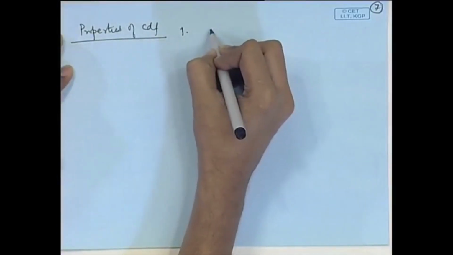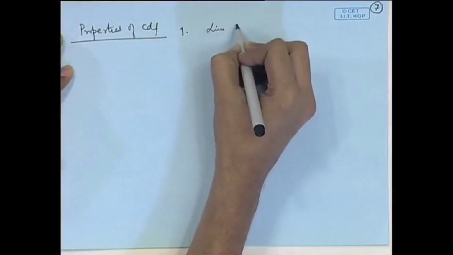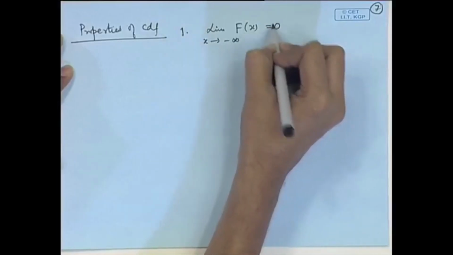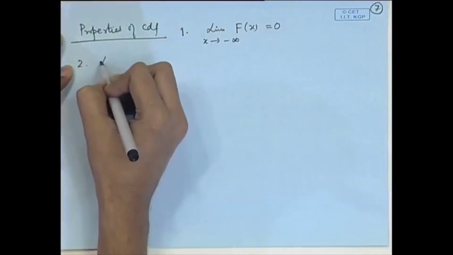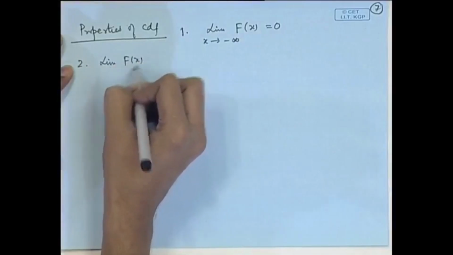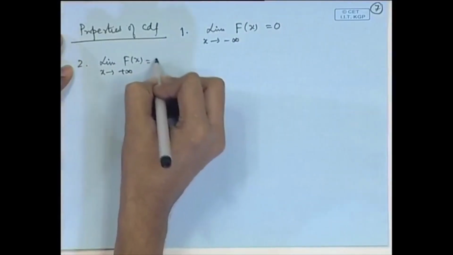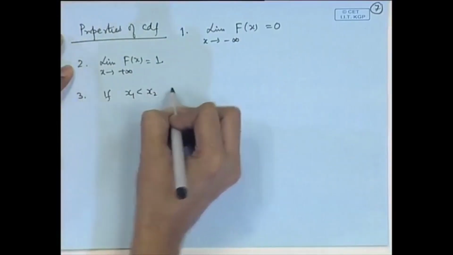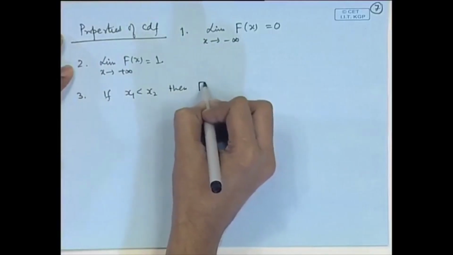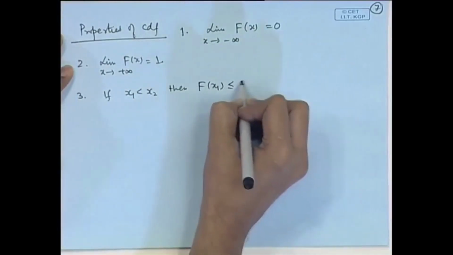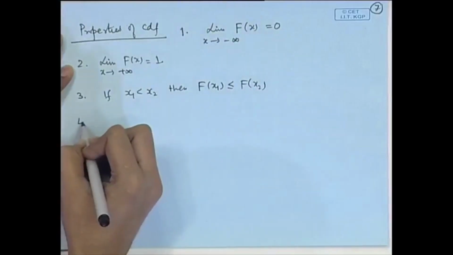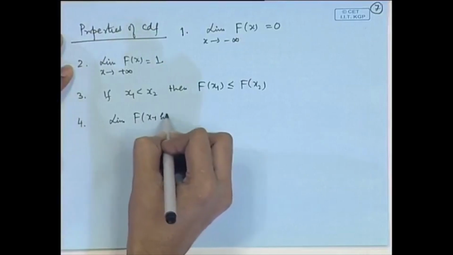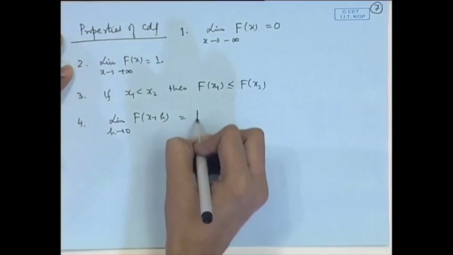The first property is that the limit of F_X(x) as x tends to minus infinity is 0. The limit of F_X(x) as x tends to plus infinity is equal to 1. If x1 is less than x2, then F(x1) is less than or equal to F(x2). The limit of F(x+h) as h tends to 0 is equal to F(x).